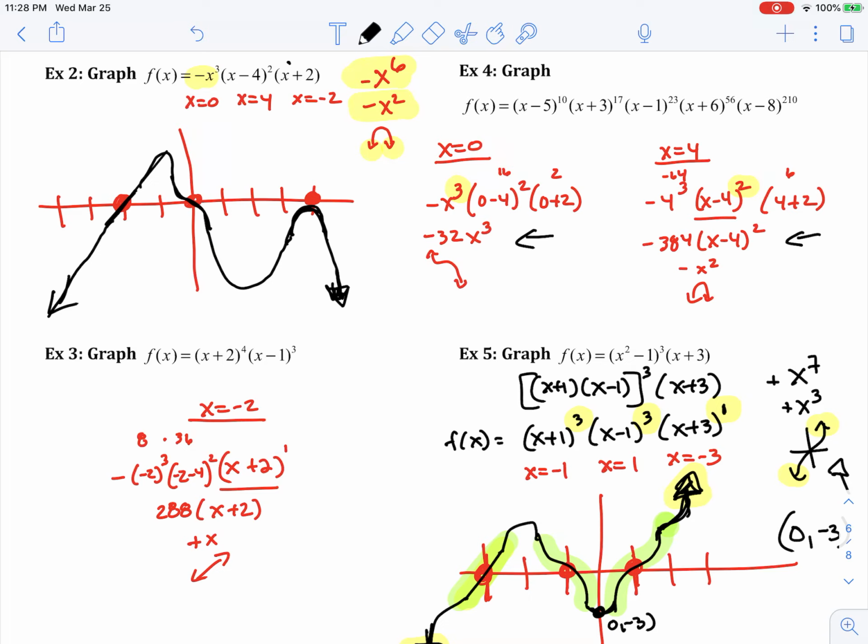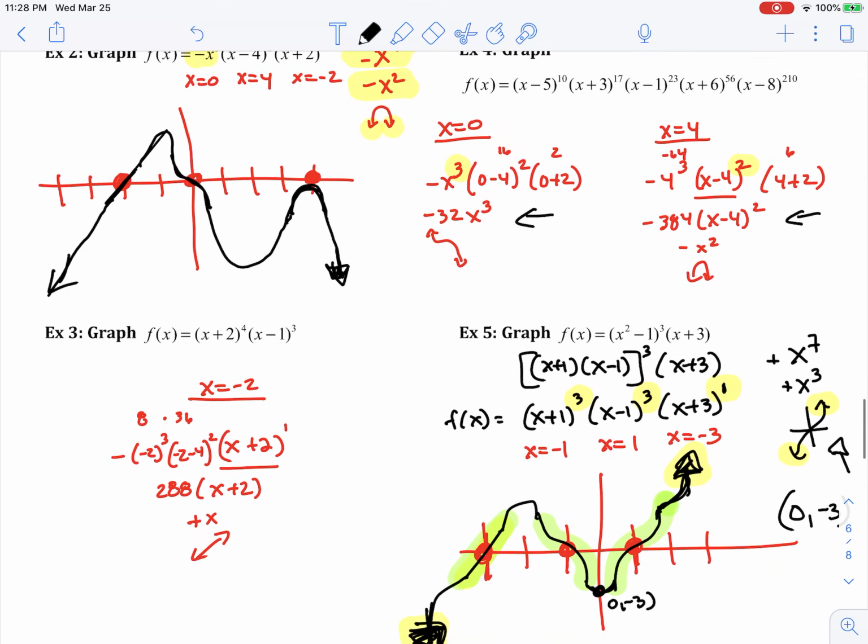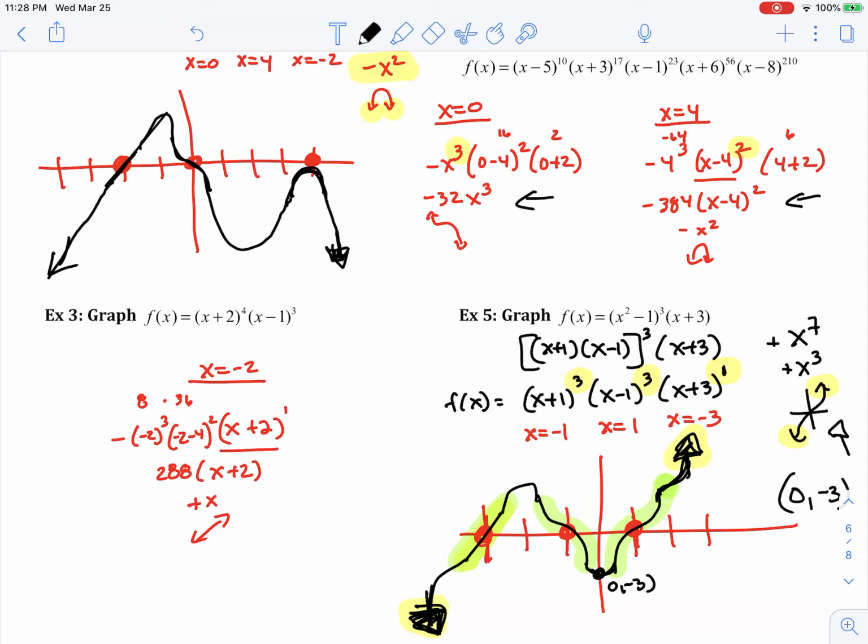And on 4, because the multiplicities are so large on those various x-intercepts, then just as I did on number 5, use your end behavior and your general behaviors to just sketch a graph without actually finding these specific equations for the behaviors, because you're going to get too big of numbers for your exponents. Okay? Have fun, and we'll check in with you later.